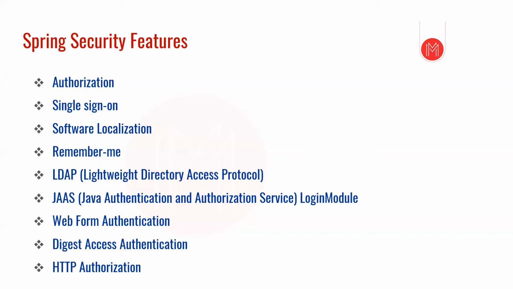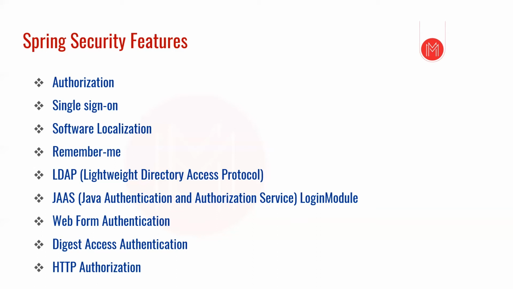And one more feature is single sign-on. Single sign-on is nothing but a feature that allows a user to utilize a single account to access different applications. With a single username and single password, he can access different applications.